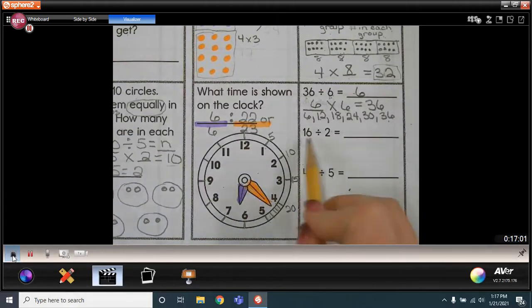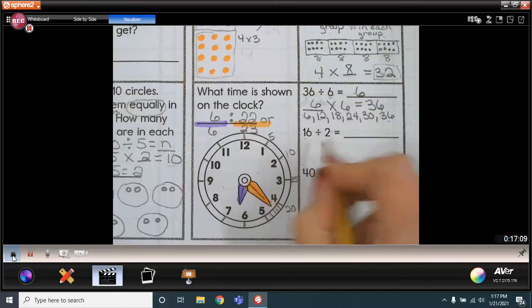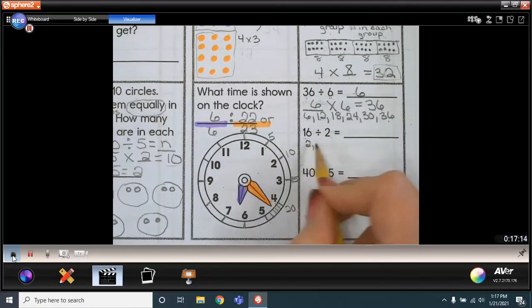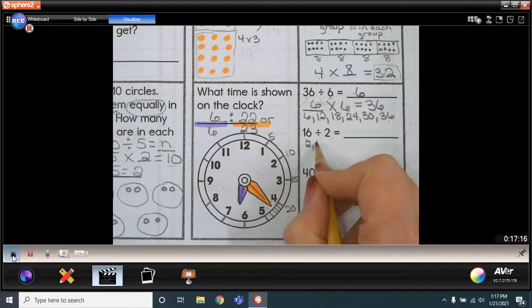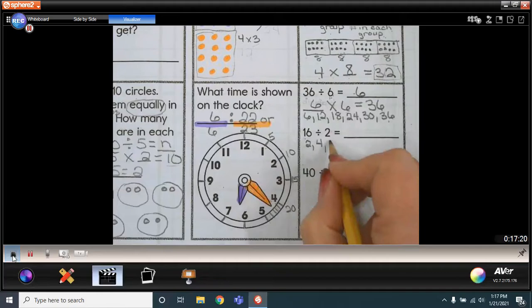Now, same thing for 16 divided by 2. If I have a total of 16 objects and I take 2 out, then I'm left with 14, right? If I take 2 more out, then I'm left with 12. If I take out another 2, that gives me 10.